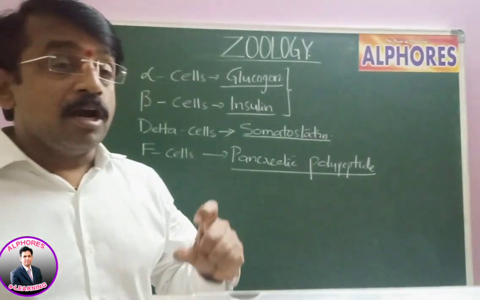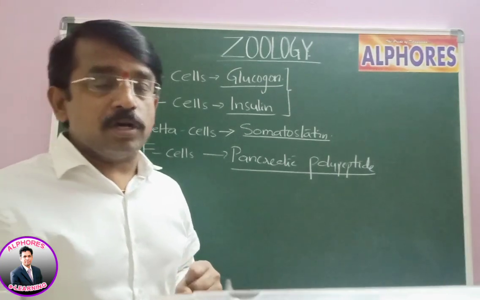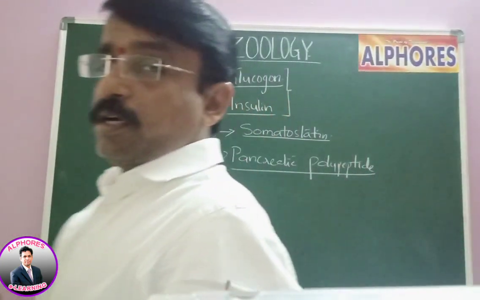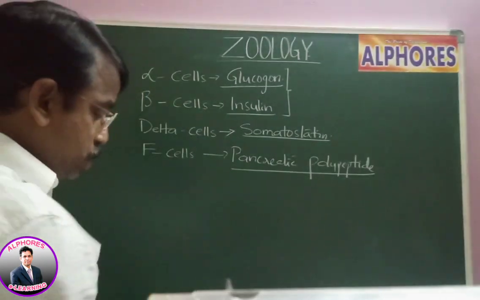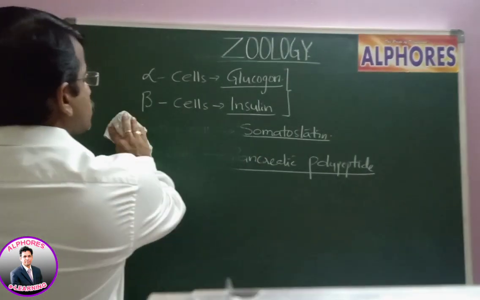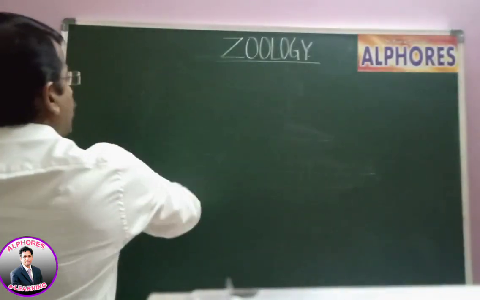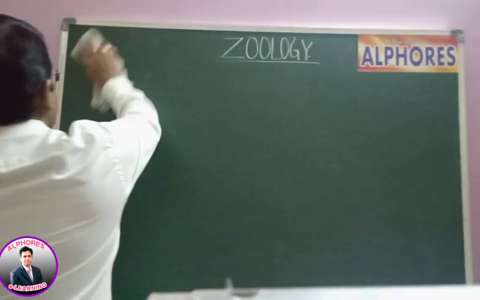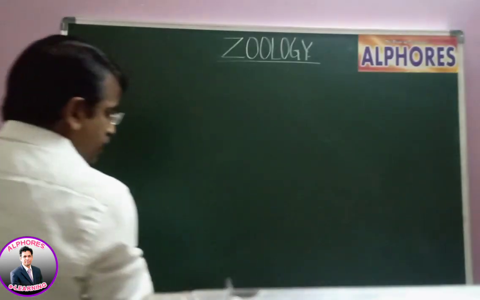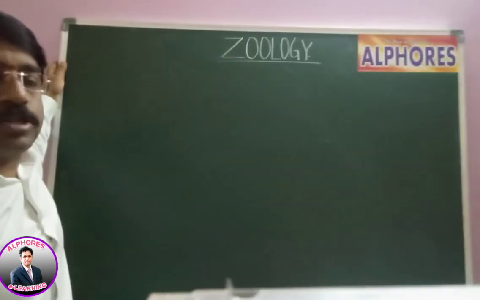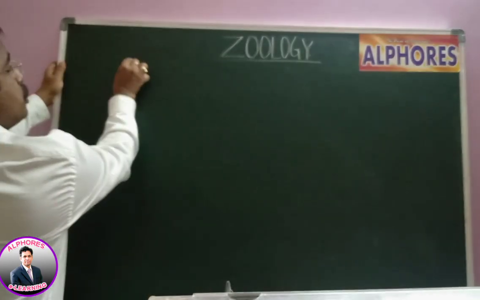Now, the deficiency of pancreatic hormones results in disorders. Now we'll go for the disorders. First of all, insulin deficiency results in diabetes mellitus.